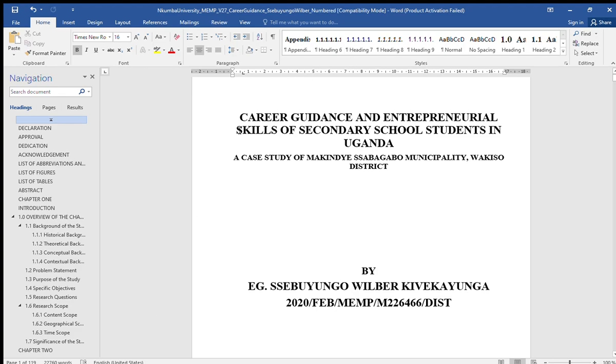What you should know is that the cover page should have what we call a research topic, and this research topic should have 2 variables, the independent variable and the dependent variable. In the example I have displayed here, career guidance is the independent variable, and this word "and" is a connector connecting the 2 variables.